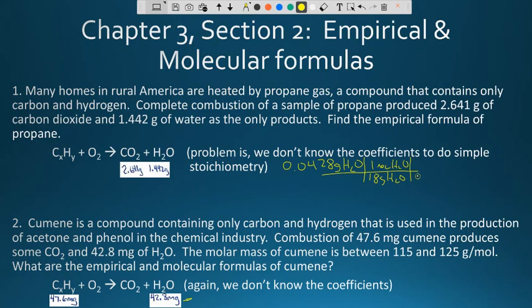And remember the trick of this, within 1 mole of water, I have 2 moles of hydrogen atoms. But since I need to figure out the mass of my hydrogen here, because I don't know the carbon at all, I want to figure out how many grams of hydrogen atoms there are.